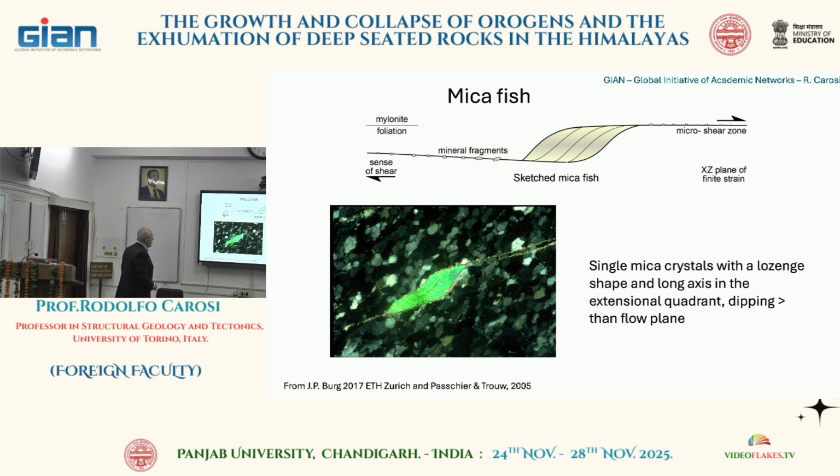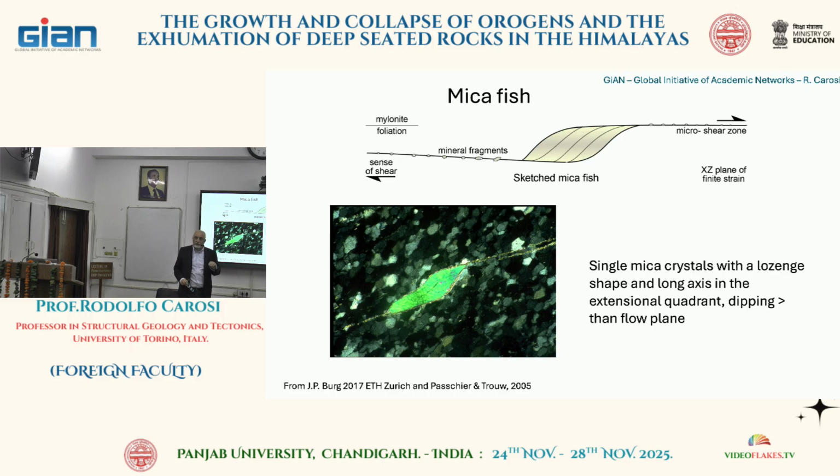So in this case, a crystal like this indicates a dextral sense of shear, but it is important to keep in mind that this is an old porphyroclast. The new ones are these smaller ones along the foliation or outside along the boundary of the porphyroclast.